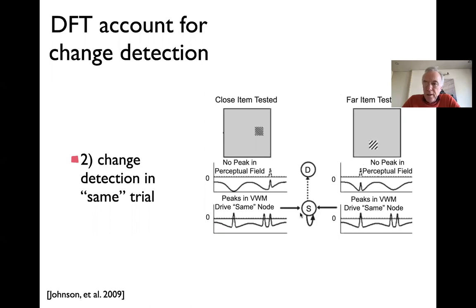While if you are in the close item, I'm wrong. This is the same trial, where you're getting an item that is exactly on one of those locations. So you get no response, the same response, because there's no peak induced here nor a peak induced there.